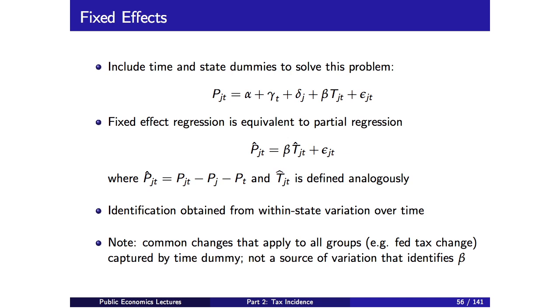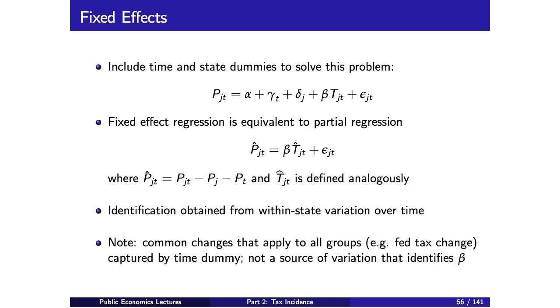So one way to think about it is that identification of the treatment effect beta in the fixed effects model is being obtained purely from residual variation within states over time after you've taken out these state and year fixed effects, right? And so the identification assumption is that t hat has to be orthogonal to epsilon. So these residual differential changes across states can't be correlated with unobserved determinants of price, all right?